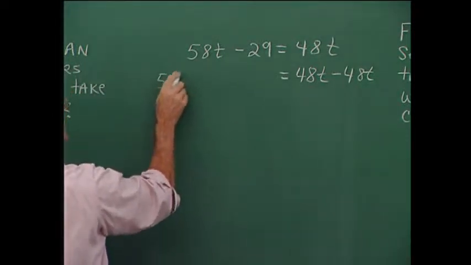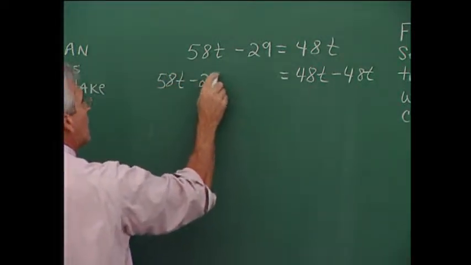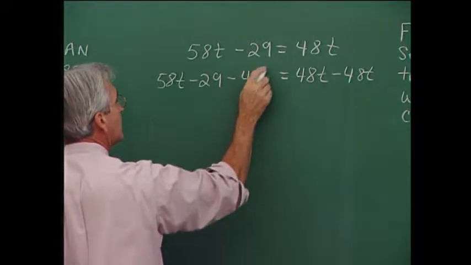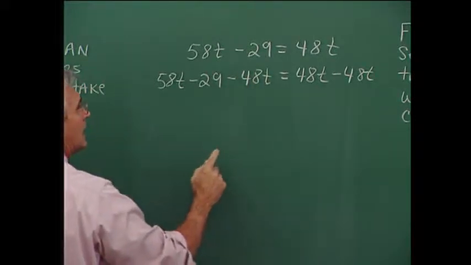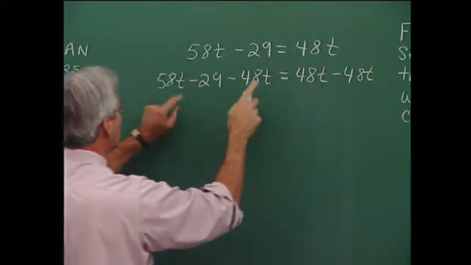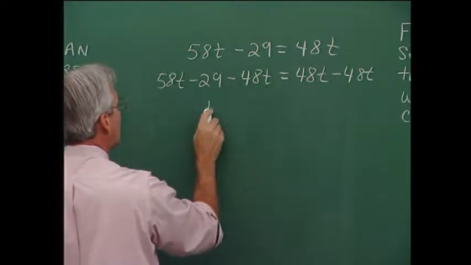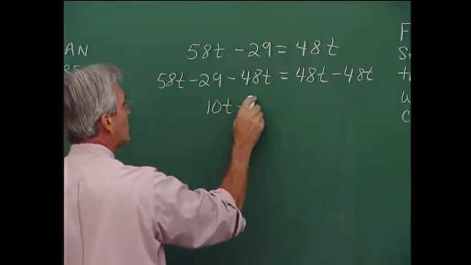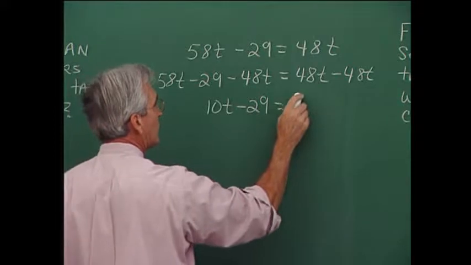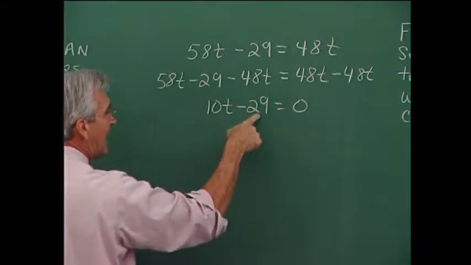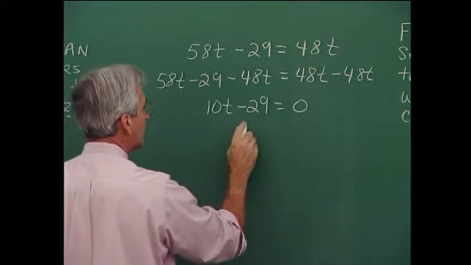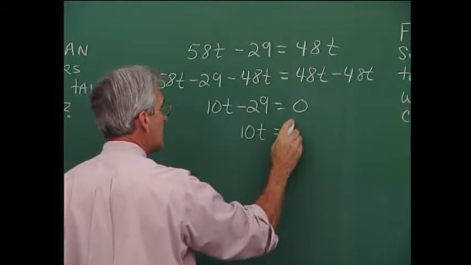I'm taking 58t minus 29 and I'm subtracting 48t, and I'm subtracting 48t over here. When I perform the subtraction here, I get 10t minus 29 equals 0. And now I add 29 on both sides to clear this, so I'll have 10t equals 29.